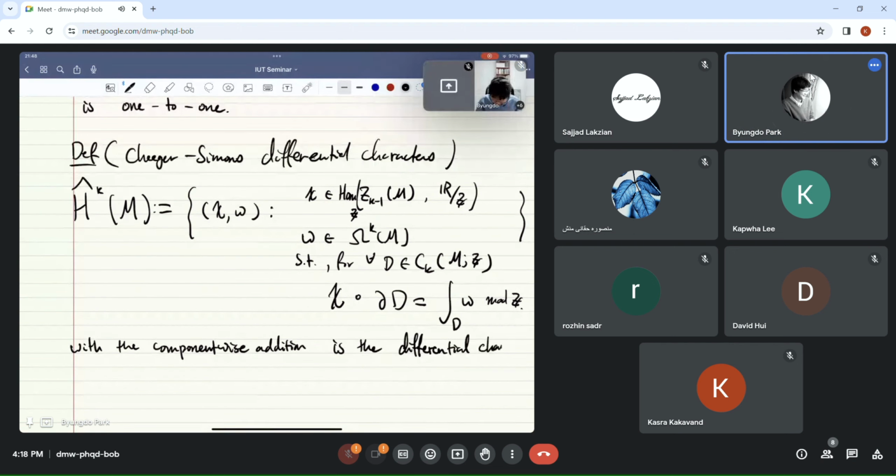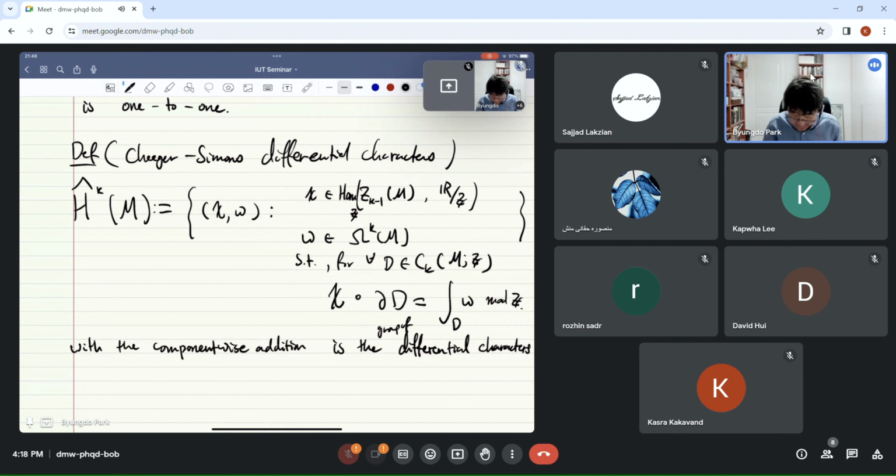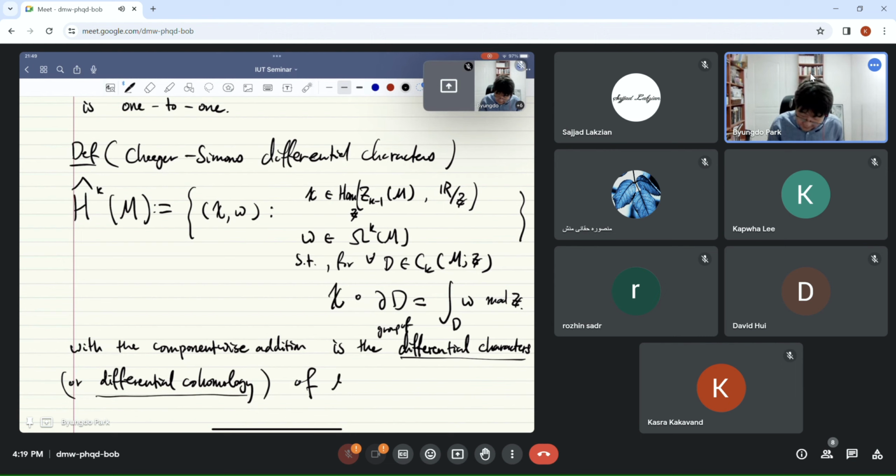The group of differential characters, or differential cohomology, of M with degree k.